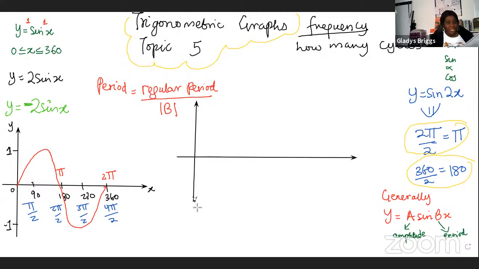And here it's going to be 180 degrees, or pi. So before we had the complete S shape for 360 degrees, but now we're going to have it for 180 degrees. Yeah, so watch.